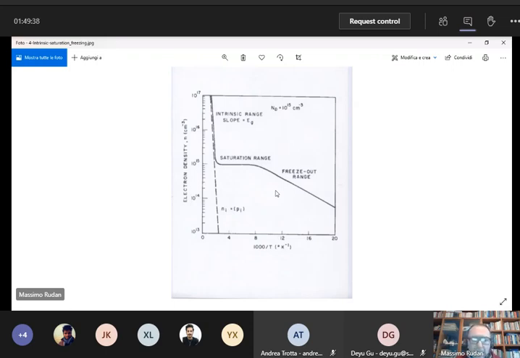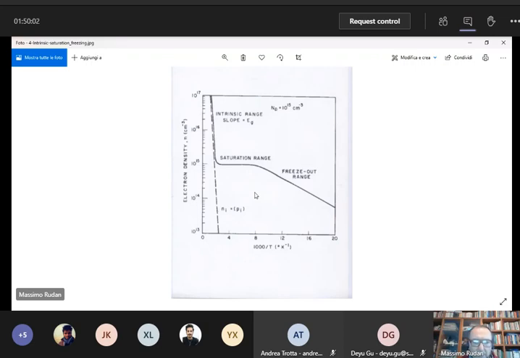The portion of the curve that is practically horizontal, called the saturation range, corresponds to the temperatures in which the non-degeneracy and complete ionization conditions apply.